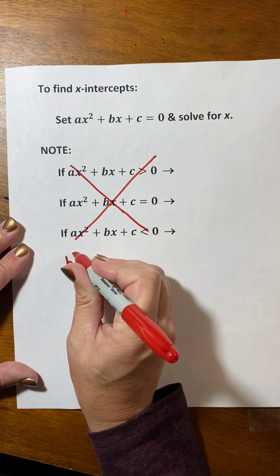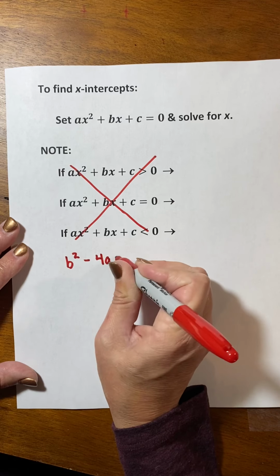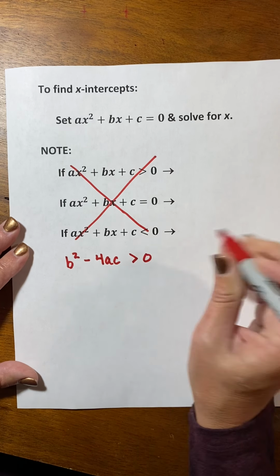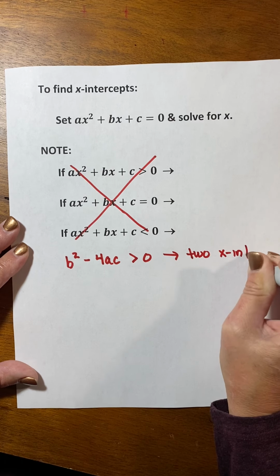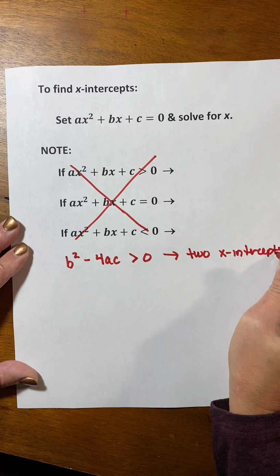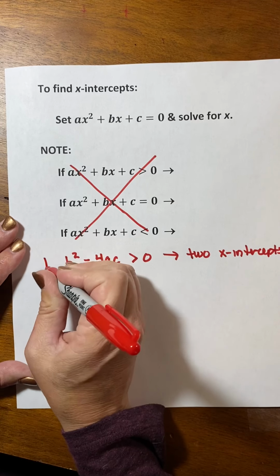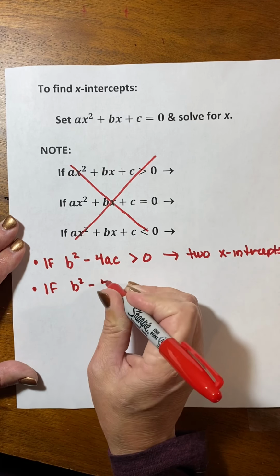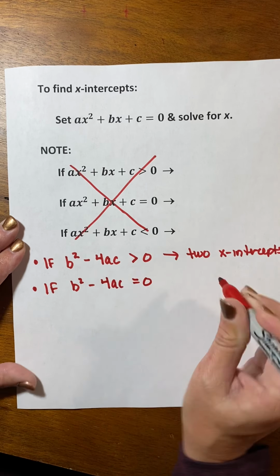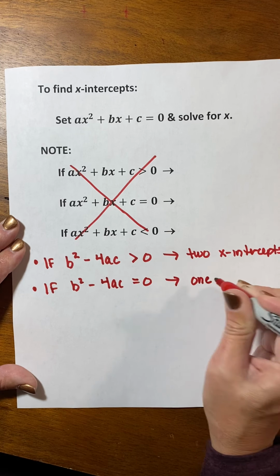If the discriminant is positive, you will have 2 x-intercepts. If the discriminant equals 0, you will have 1 x-intercept.